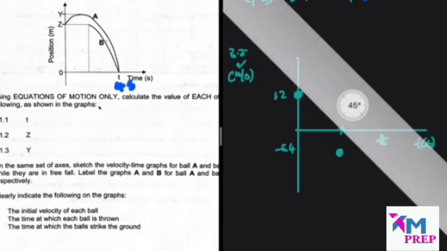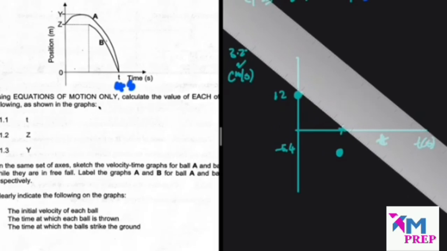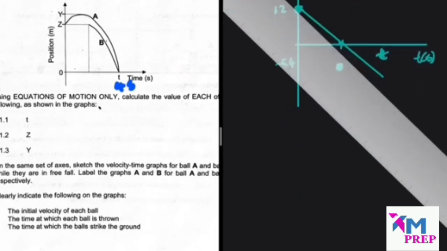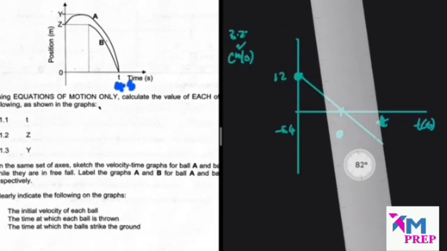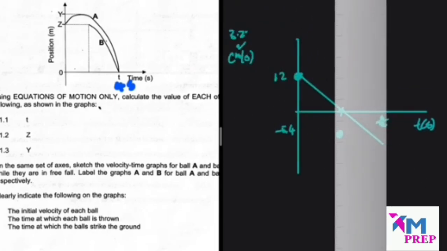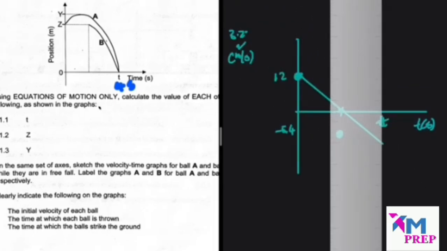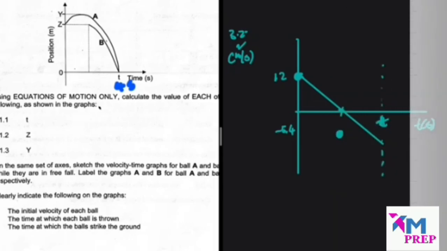Ball A reaches maximum height after some time, and then it goes on to strike the ground at time t, which is somewhere there. Let me just draw a straight line here, on the same set of axes. The question says sketch, so I wanted to ask if you had graph paper, but I don't think you had. So I'm putting those dotted lines there.